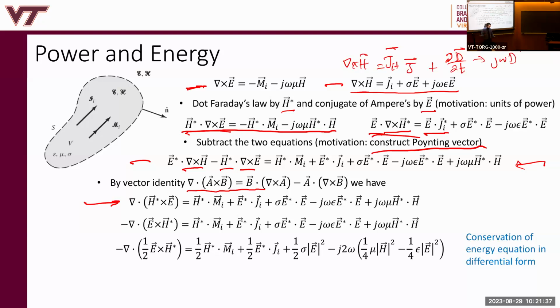So we're trying to remove the physical origin of these sources. Is it a wire with its voltage source connected to it? Then I have to describe the voltage source, the wire, the geometry of the wire, right? Is it an aperture where I have some kind of flashlight shining through a hole in a PEC screen? I want to remove that discussion and just say there are sources of electric and magnetic field, right-hand sides to Maxwell's equations, that are existing in the medium.